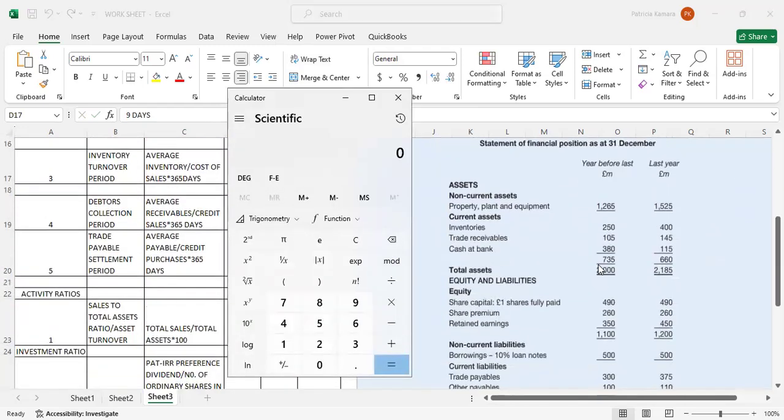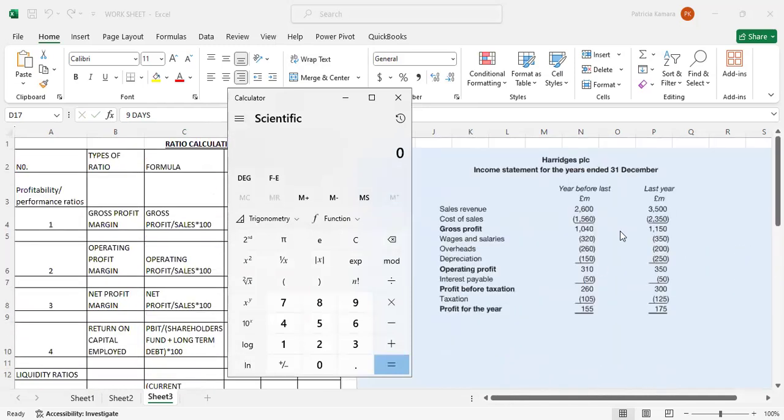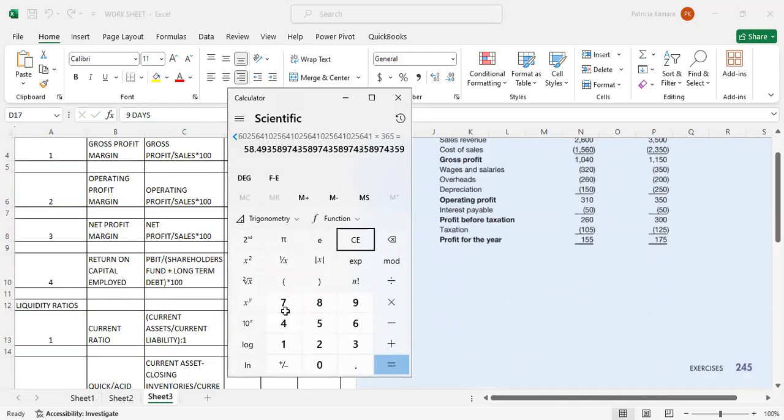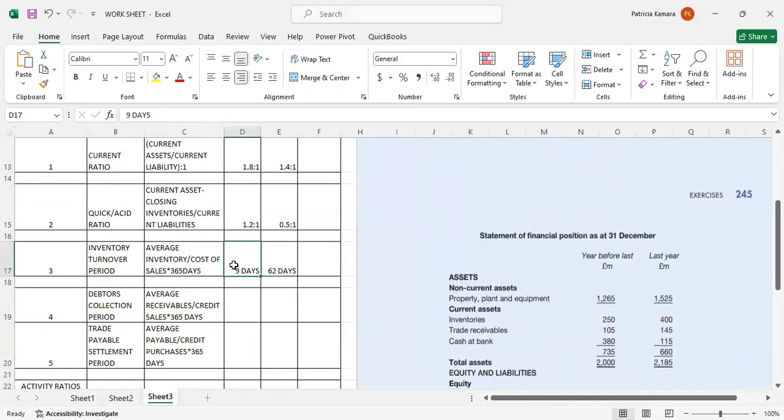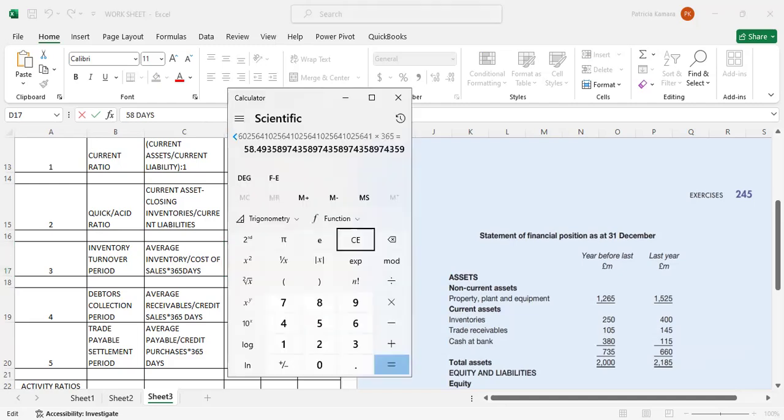Our closing inventory was 250 divided by 1,560 times 365. So that is 58 days, right? So we do the correction: 58 days. Perfect, I think that's more realistic.